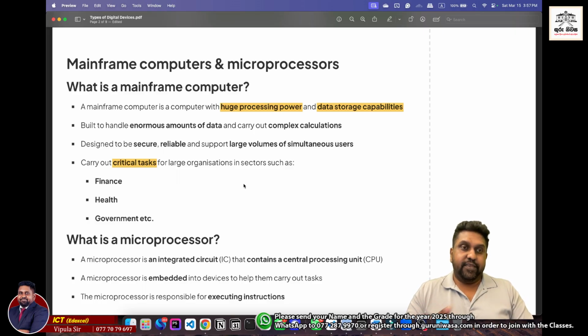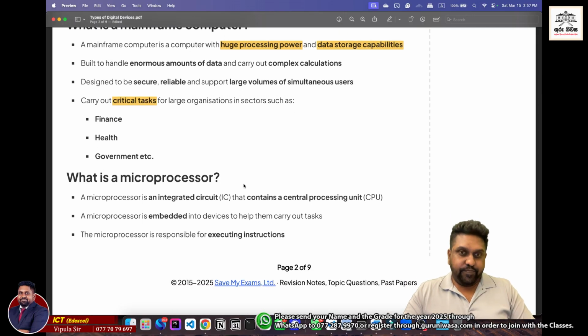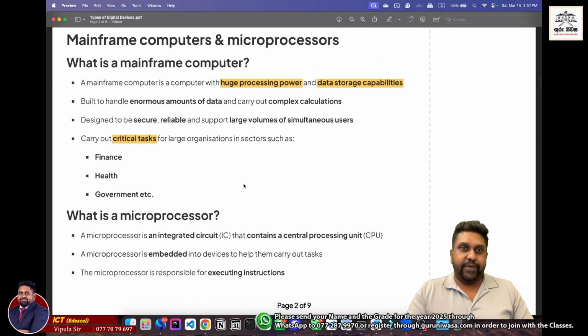All these are big organizations with a certain set of critical tasks which they must carry out. So for these tasks to be done properly, you need big mainframe support. I hope the mainframe part is clear.